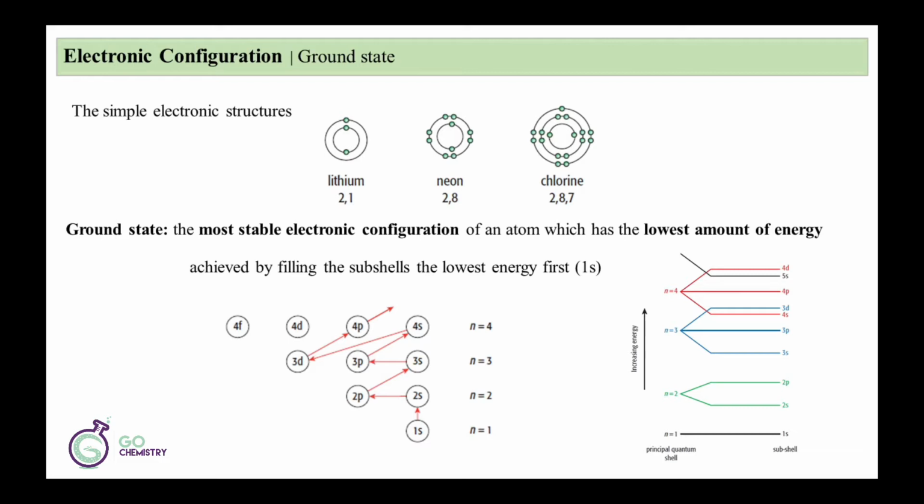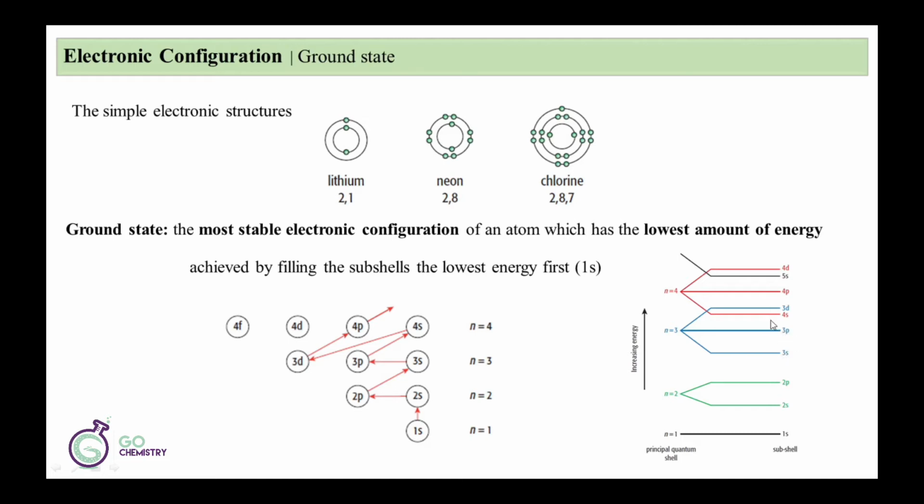And the ground state can be achieved by filling the subshells with the lowest energy first, which means that when we want to fill the subshells or the orbitals with electrons, we will be starting with the subshell which has the lowest energy, which means we will be starting with the 1s, followed by 2s, 2p, 3s, 3p.